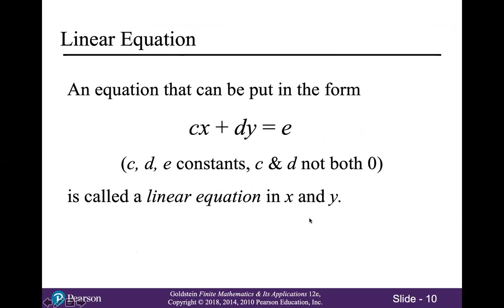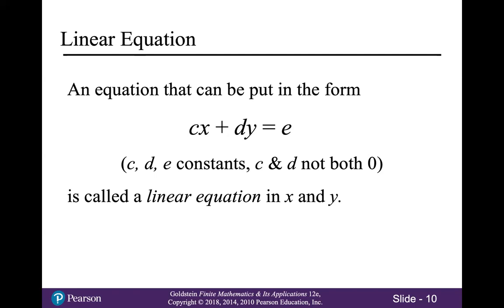All right, an equation that can be put in the form cx plus dy equals e, which looks like alphabet soup. In any given problem, c, d, and e will be given real numbers. For example, 2x plus 3y equals 4.